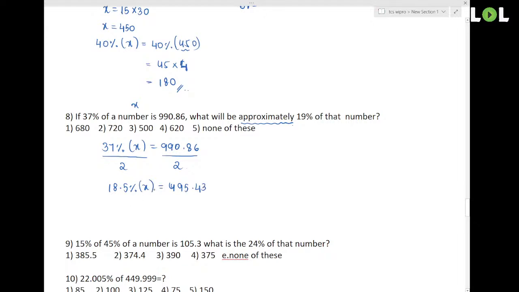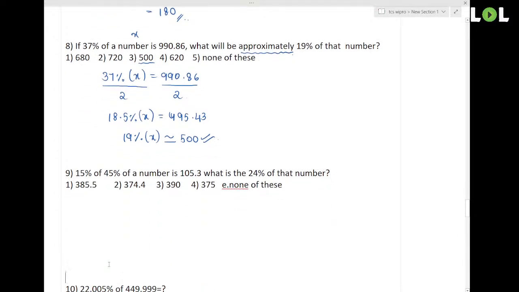So guys, 18.5% is 495, which means 19% of x must be slightly more than 495 approximately. Check out and answer now. Yes, Chandana says 500. 500 is the right answer, guys. That should be my final answer. Pretty simple question. Let us go to the next question.